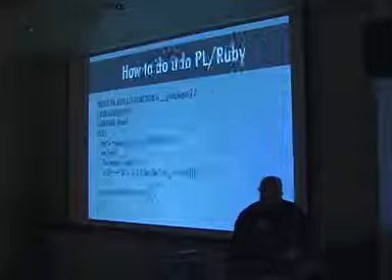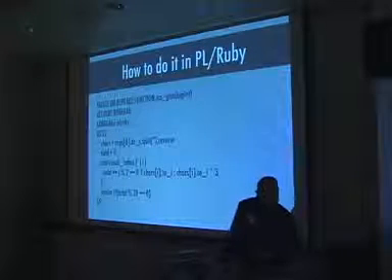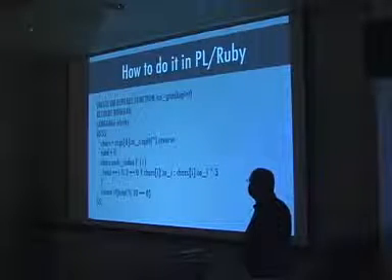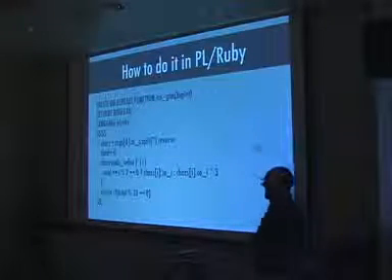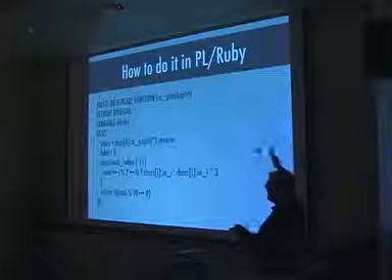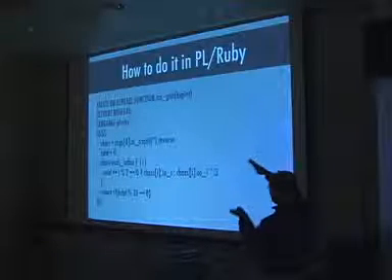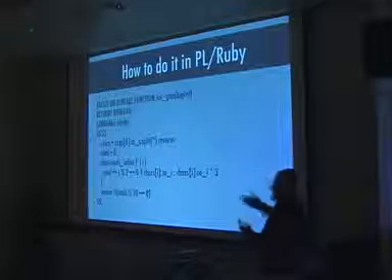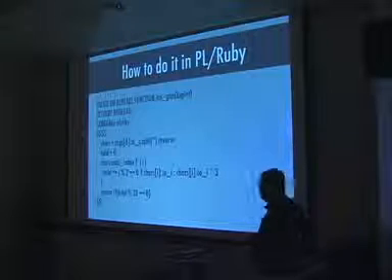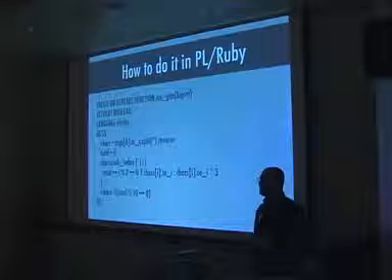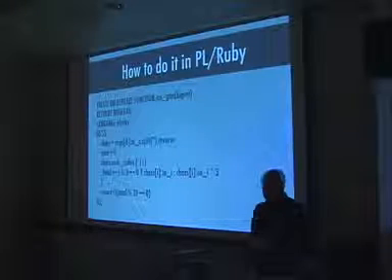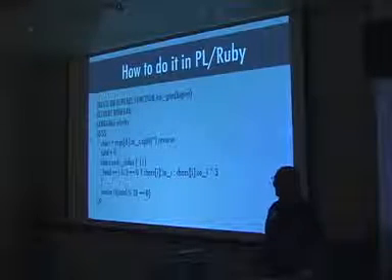So here's how you do it in PL Ruby, and I guess it's a little bit more elegant. The main thing about this is that it was something that I didn't have to write, because David here wrote it, and it fits on the slide. So you can do almost nearly illegible one-liners in Ruby also.